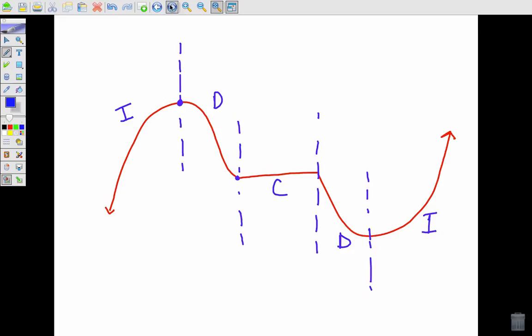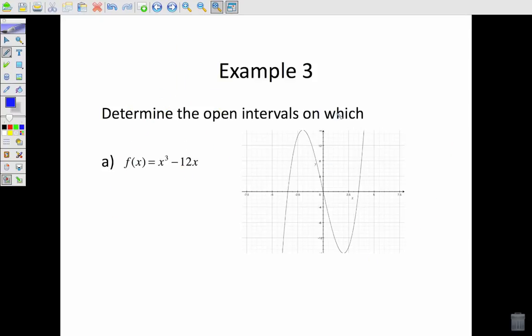So you should now go to page 8 of your packet. Here's my graph. Determine the open intervals on which f of x equals x to the third minus 12x. Determine the open intervals. Basically, we were trying to decide when is it increasing, decreasing, or if it's ever constant. Well, so your graph starts coming from negative infinity.